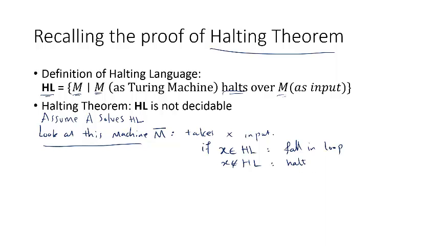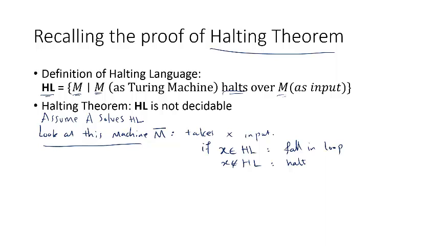So what this machine does is that it gets an input X, and it wants to know whether X belongs to the halting language or not. And we can decide this, because we assumed that the halting language is something we can solve in some time. So I'm basically defining a process that, if we give it an X, would either fall into a loop or halt.